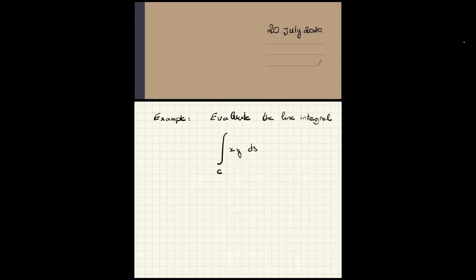C is only this part. So this is the curve C. And a curve always has a direction, an orientation.